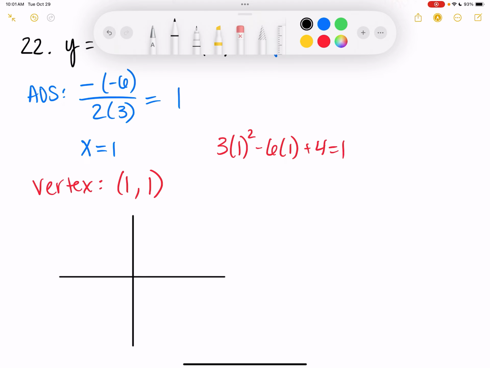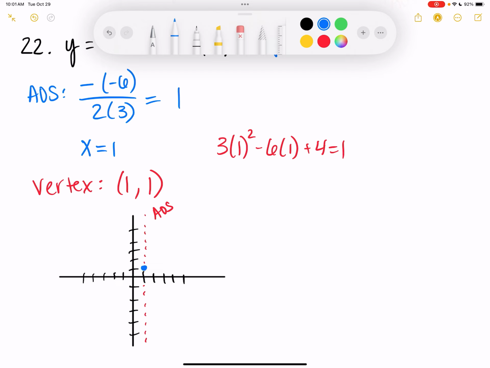All right, so when I graph it, I have axis of symmetry at x equals 1. I have a vertex at 1, 1.